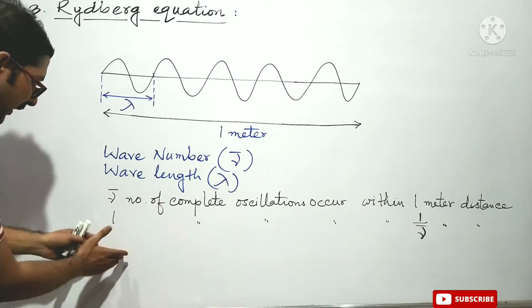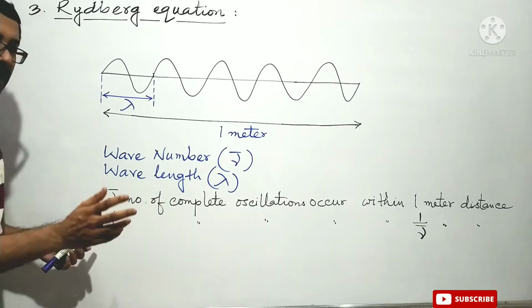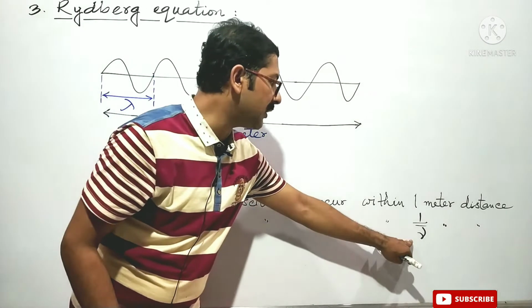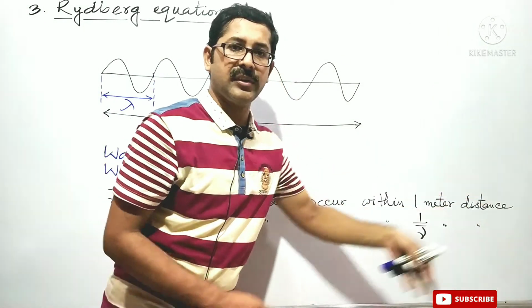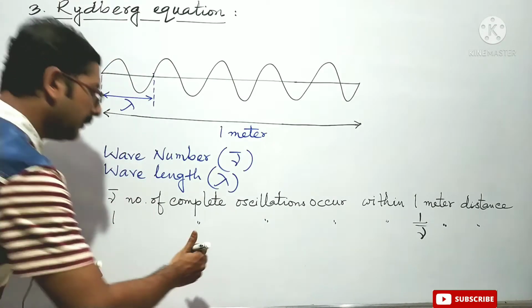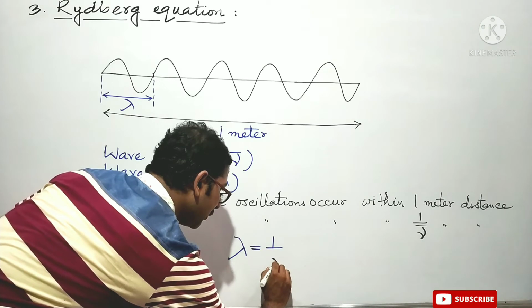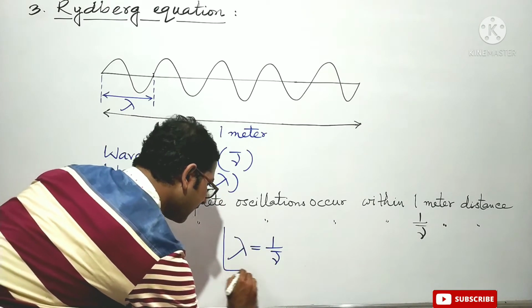So we can write simply that lambda is nothing but 1 by nu bar, isn't it?